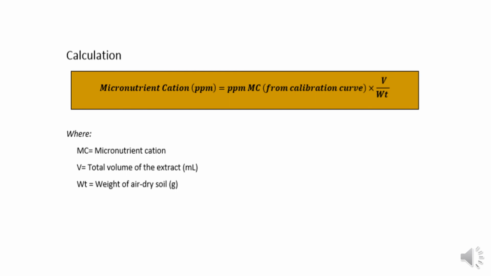In our case, we used 10 gram soil, so we will mention 10 gram, and then we will calculate. We will be able to calculate the desired concentration of the particular micronutrient in the soil.